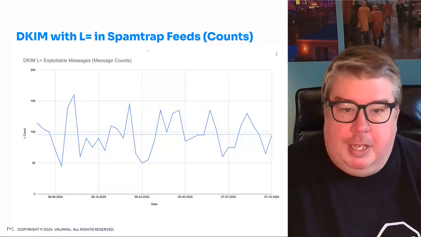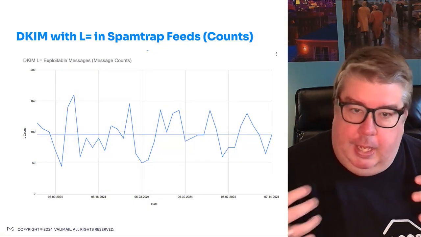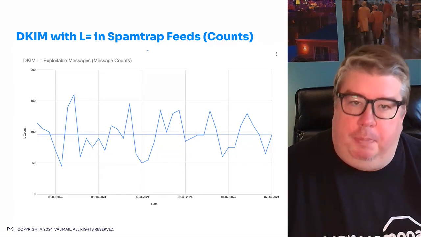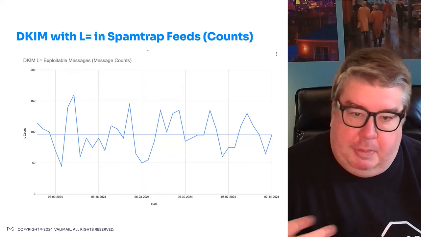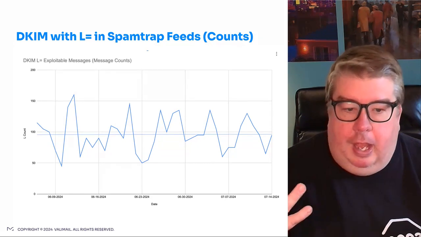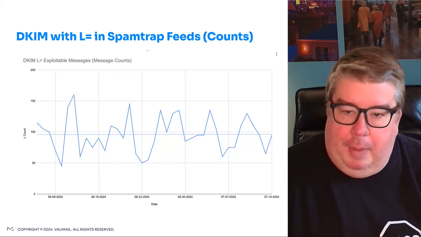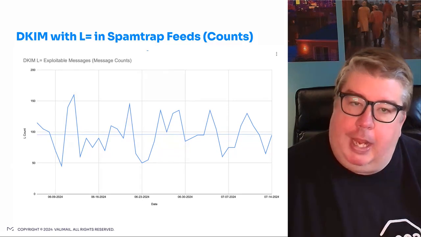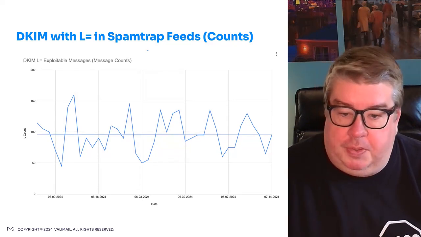And so since then, I started tracking in my spam trap feed the 100,000 plus messages I get in my bad typo domains, bad addresses, recycled addresses. It gets a lot of spam, gets a lot of misdirected mail, and I can see who is sending from what domain and what the headers are, and a whole bunch of useful stuff in there.